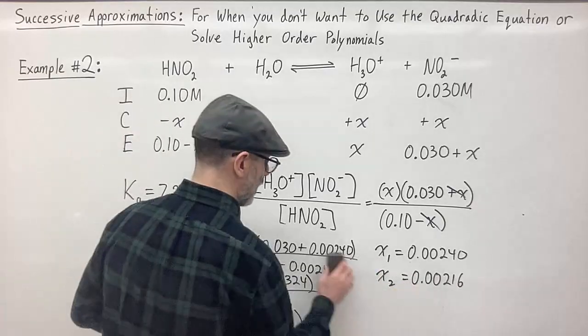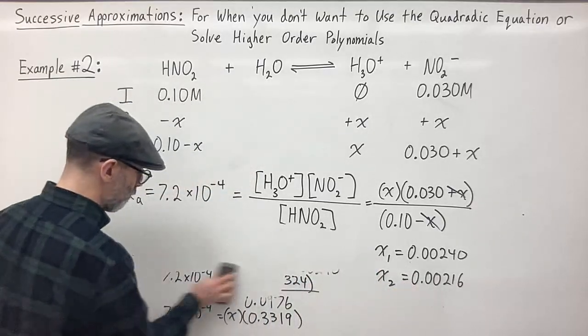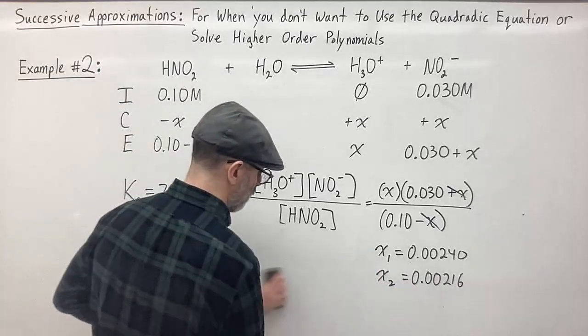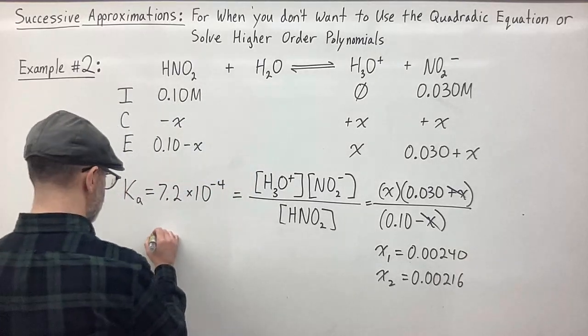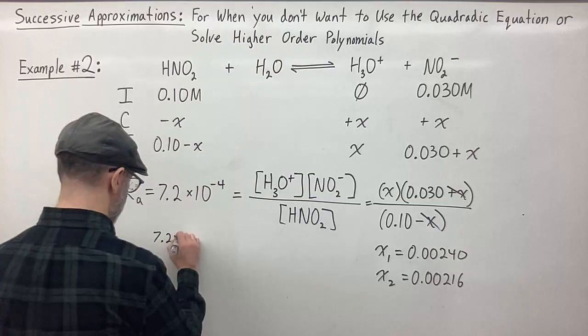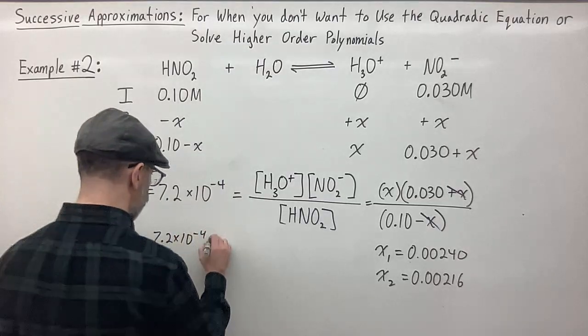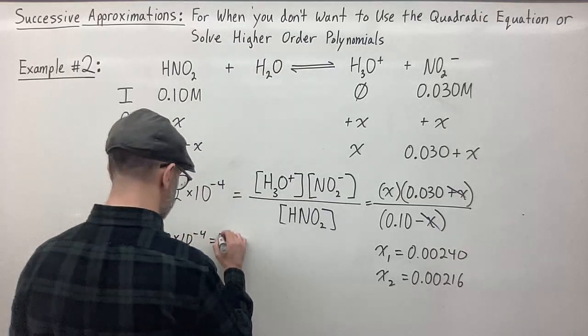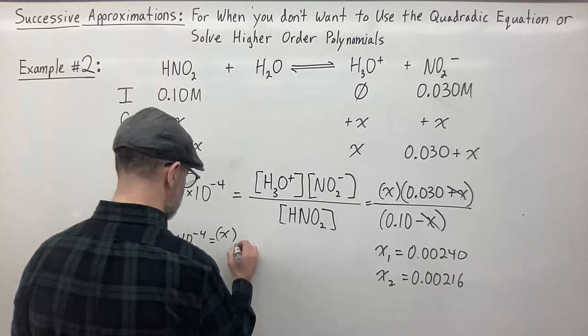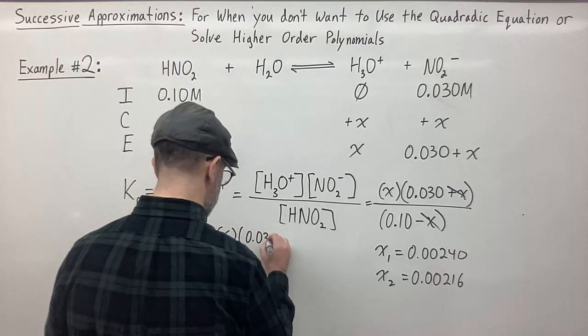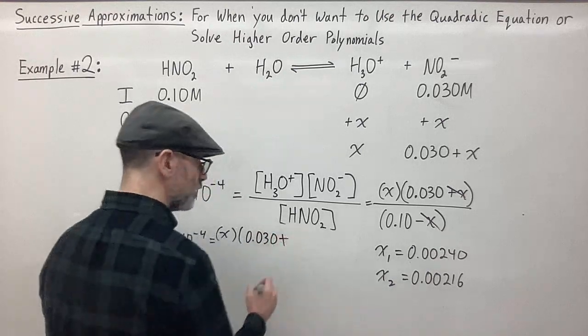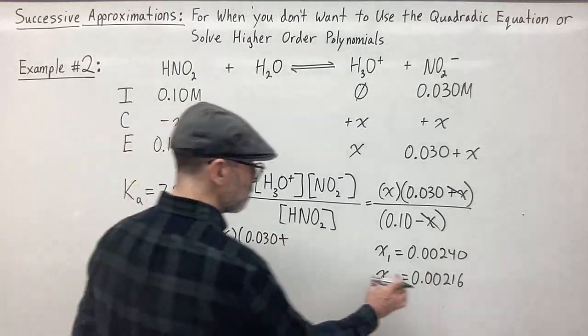So now I'm going to take that and I'm going to do it a third time and see if I get that same answer. So I take 7.2 times 10 to the negative 4. That's going to be equal to x times 0.030 plus, not minus, plus this.